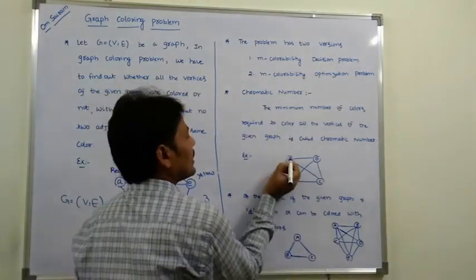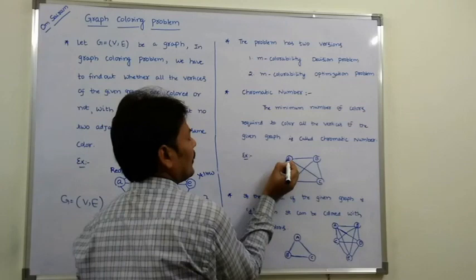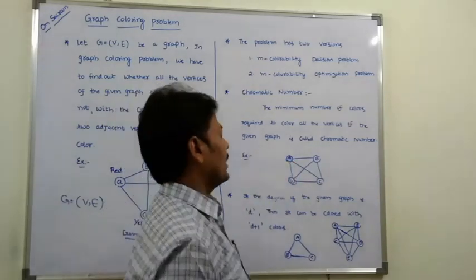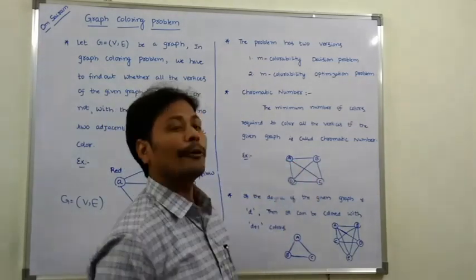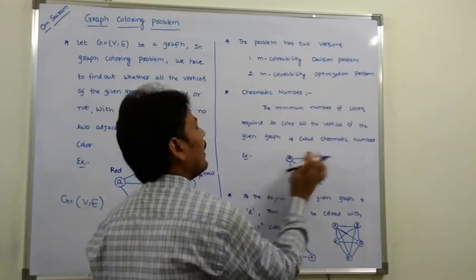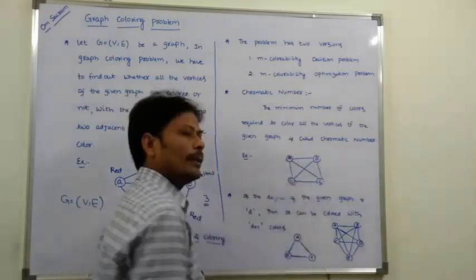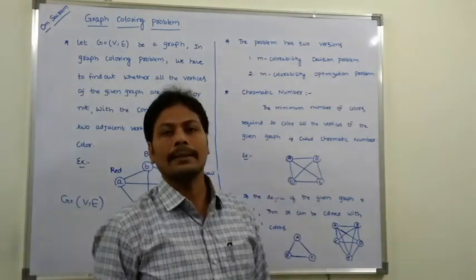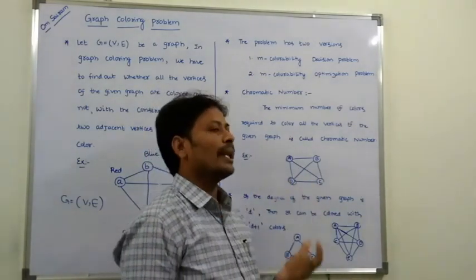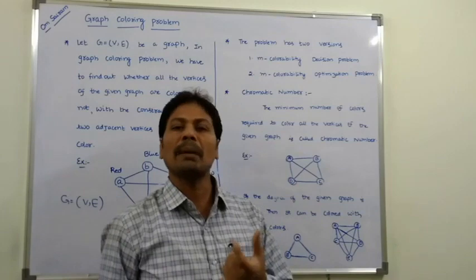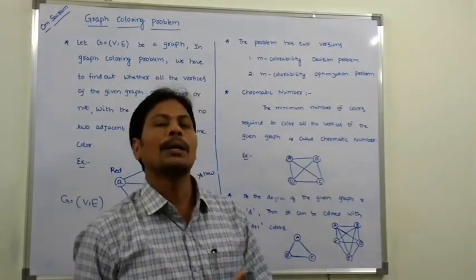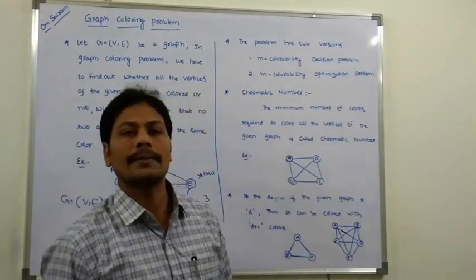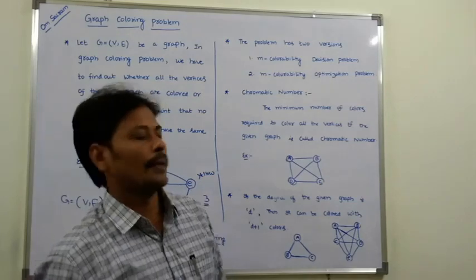Suppose we take this graph. This graph contains 4 vertices: A, B, C, D. What is the chromatic number for this graph? That is, what is the minimum number of colors used to color all the vertices of the given graph?